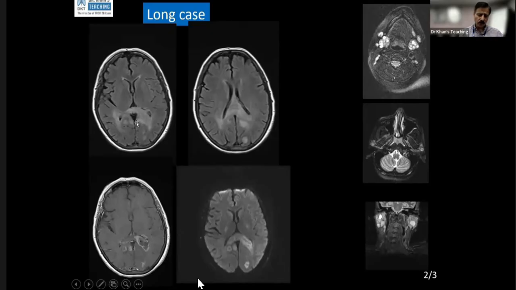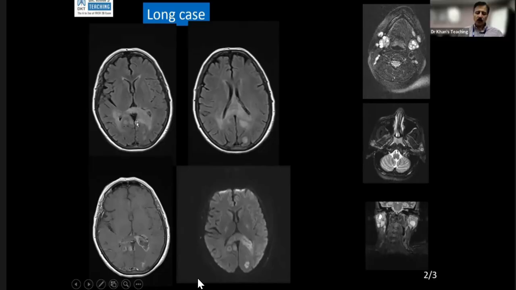The patient is immunocompromised. Then it can be due to an HIV-related lymphoepithelial disorder with PML involvement in the brain as well, because I can see lesions at the corticomedullary junction in the occipital lobe.